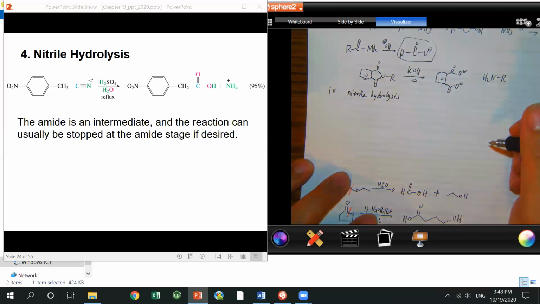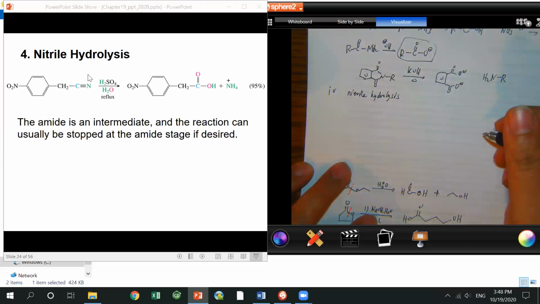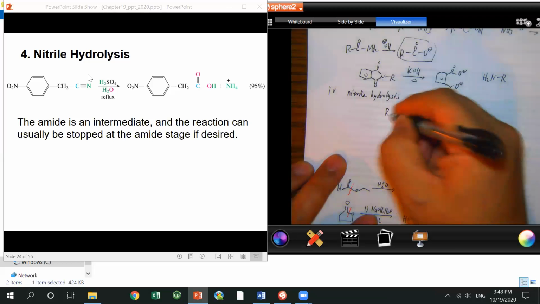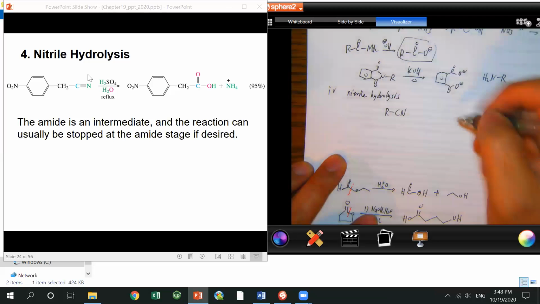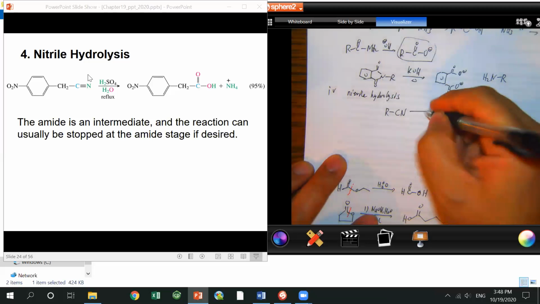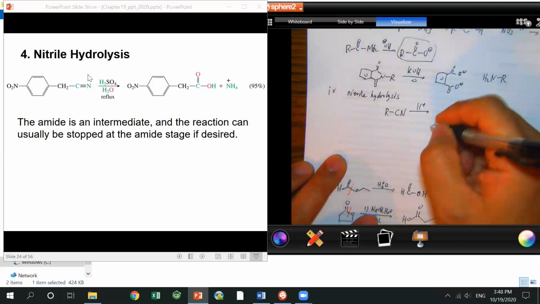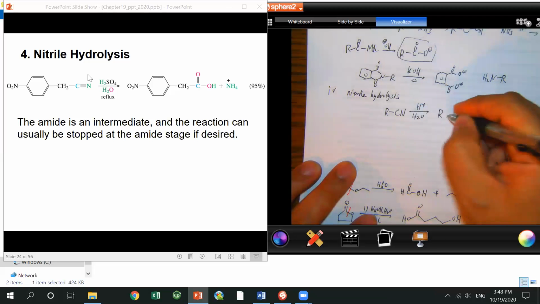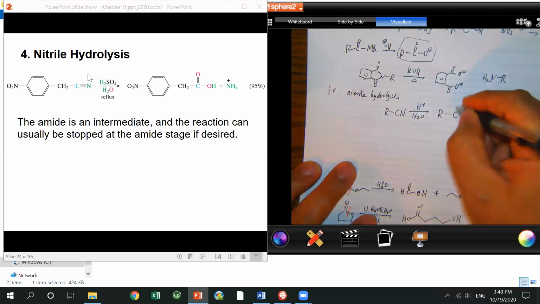The first step, you can stop at the amide stage. You have a nitrile, and normally you do it under acid conditions. For this reaction, if you like, you can stop at the amide stage.